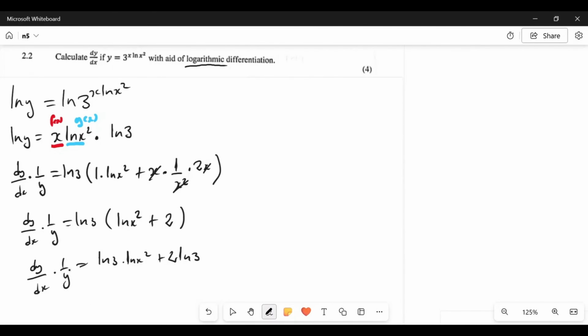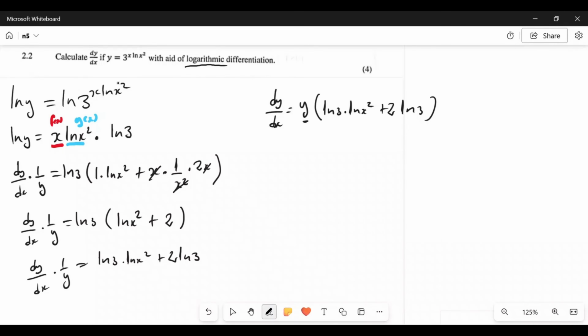But we're not done. We have to cross multiply this y there. So the final answer is going to be dy over dx equaling y, and then open bracket, we have ln 3 multiplied by ln x squared plus 2 ln 3, close bracket. But we are not done.